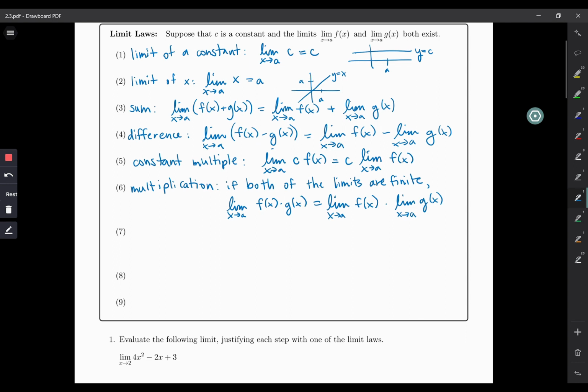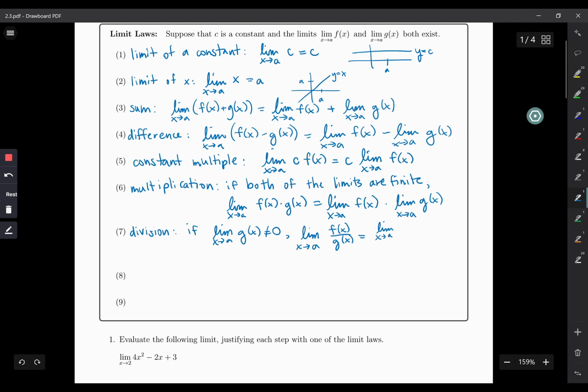Okay, and similarly with division, here we also have a condition: so long as the limit of the function in the denominator, I'm going to use g of x for that, is not equal to 0, then we can say that the limit of f of x over g of x is equal to the limit of f over the limit of g.